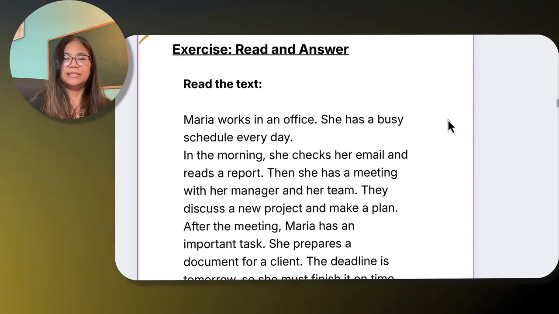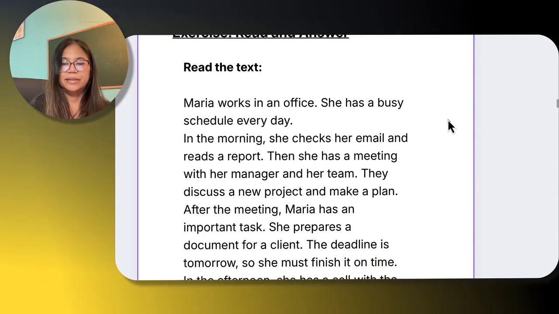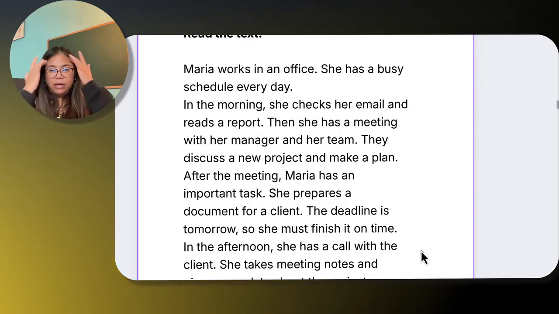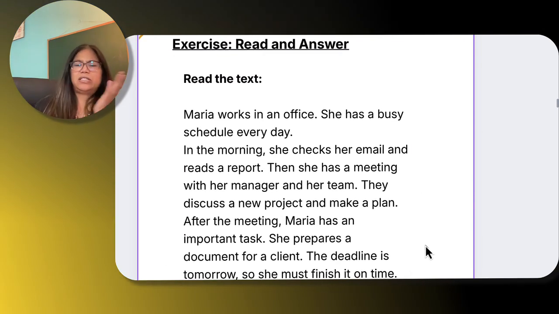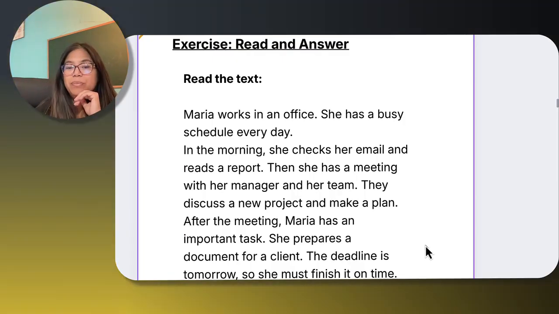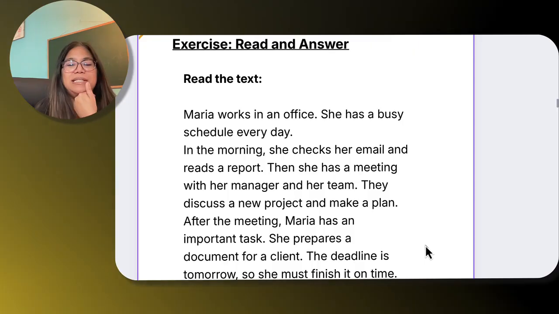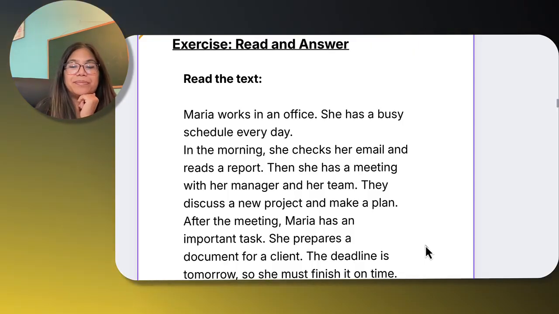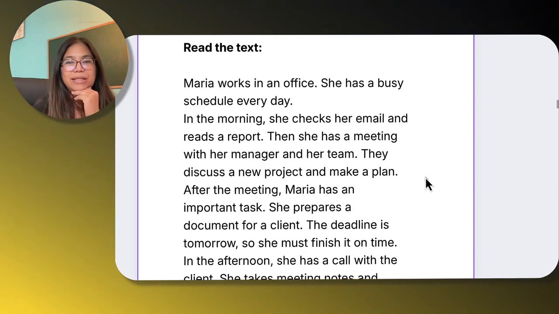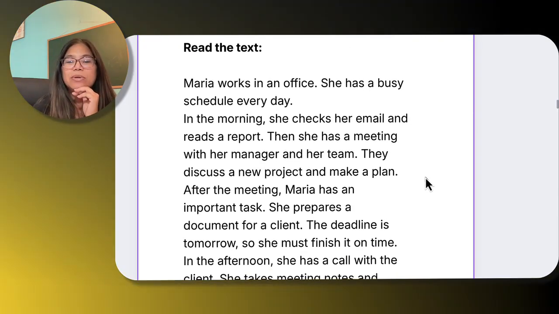Okay, let's read the text. Maria works in an office. She has a busy schedule every day. In the morning, she checks her email and reads a report. Then she has a meeting with her manager and her team. They discuss a new project and make a plan. After the meeting, Maria has an important task.